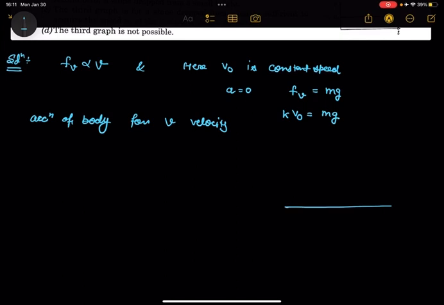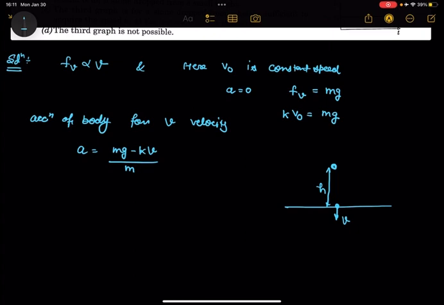Suppose this is the water surface. A stone falls down from a height h, and it will strike the water with some velocity v. At this instant some forces are acting, so we can write the acceleration as mg minus kv, divided by m.